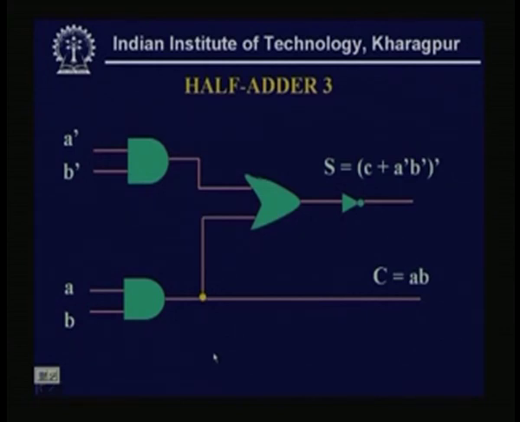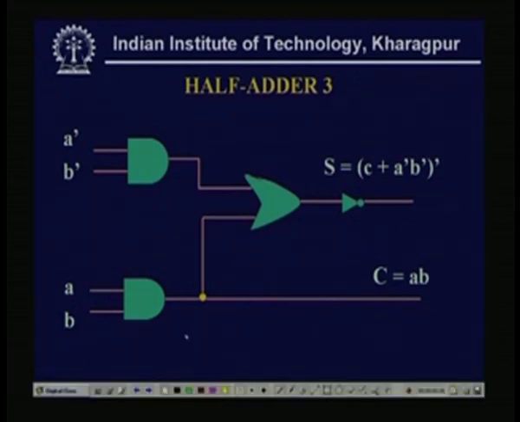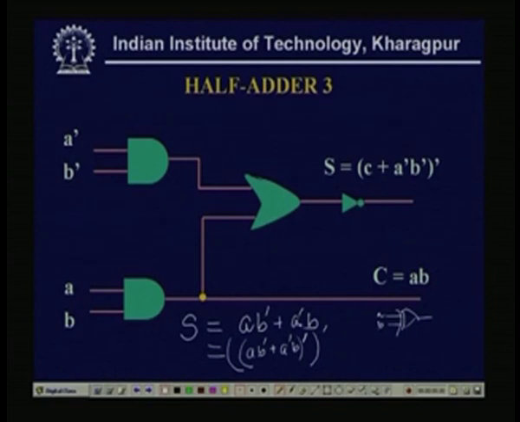Now, we see another. See that my carry C is AB, and my sum was AB dash plus A dash B, and because AB dash plus A dash B is nothing but a 2 input XOR of A and B, I can write that AB dash plus A dash B with double complement.